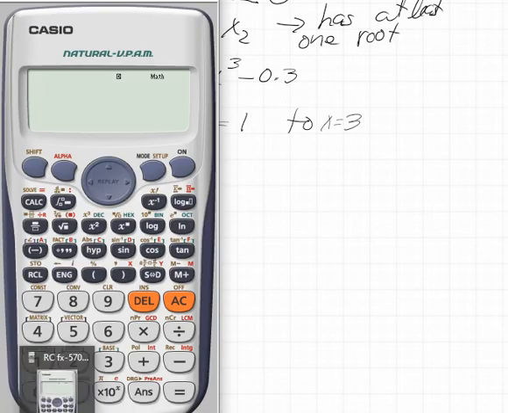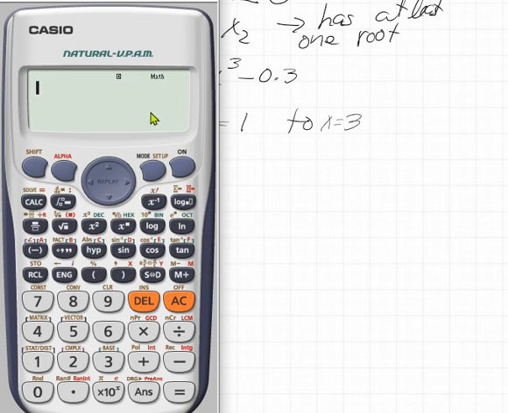So you can use your calculator. This is a basic calculator, a 911 model. Instead of manually inputting your values, you can first write the equation x cubed minus 0.3. Then we can now include the values for x.